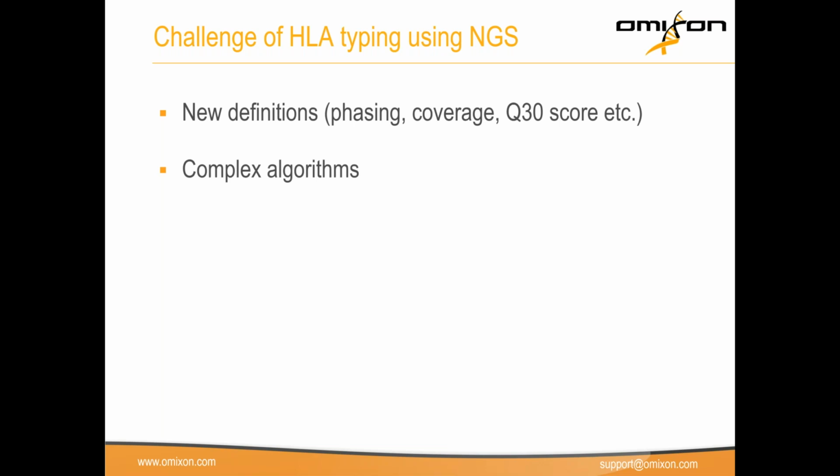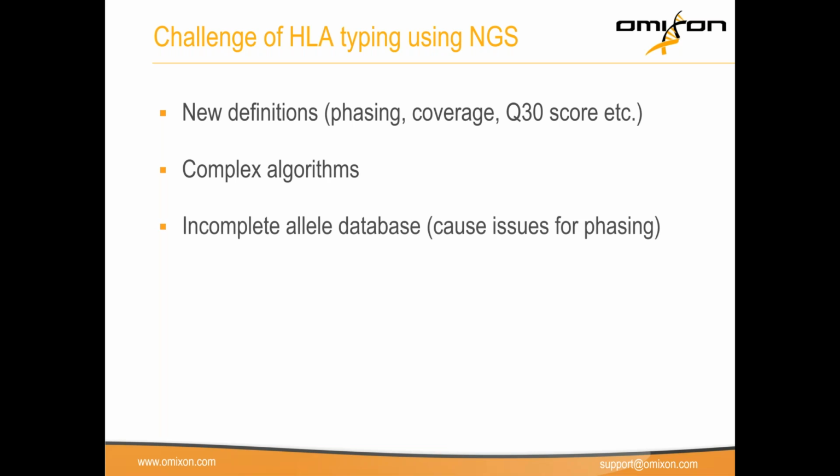Then the algorithms, they're quite complex. NGS comes along with a high amount of data, and there are quite some complex algorithms that need to be developed in order to make sense of all this data and in order to analyze the good quality data. So this is definitely a challenge as well.